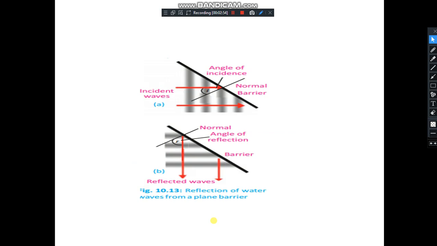When we place the barrier in front of the waves in such a way that the angle of the incident waves and the reflected waves are the same, this phenomenon is termed the reflection of the water waves.